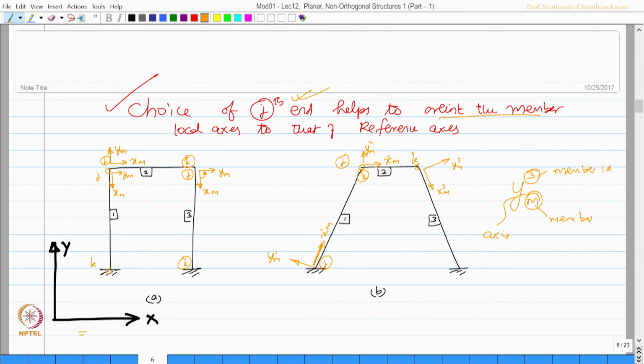So, orienting the member with reference to the global axis will happen by choosing the jth and kth end of each member. Okay. When the members are non-orthogonal, obviously you will see the local axes of the members are not aligned with the reference axis of the structural system, except for member 2, where it is possible.